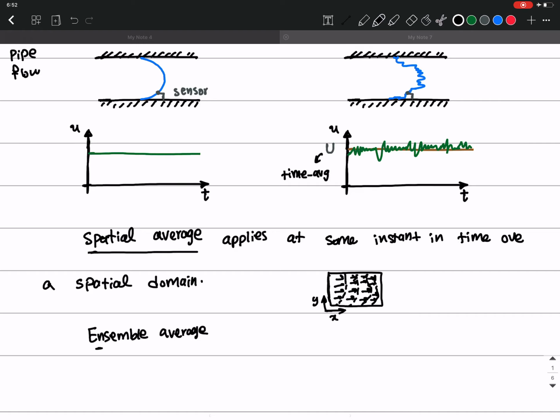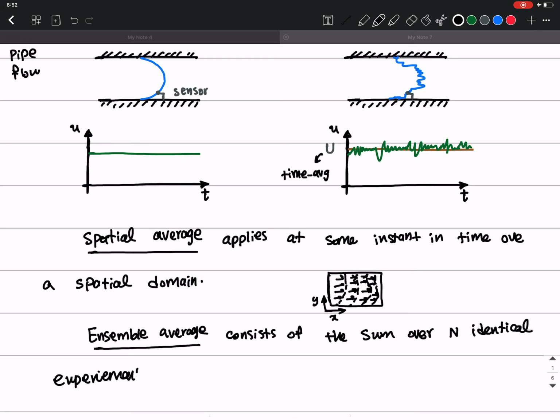So ensemble average consists of the sum over n identical experiments.